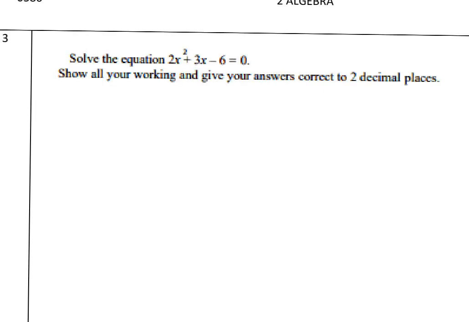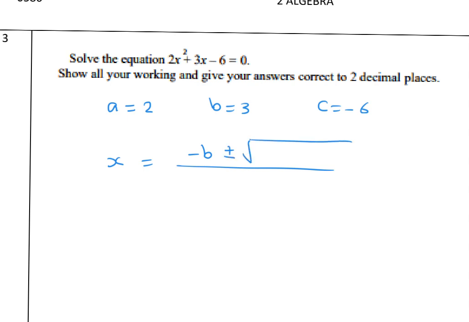Number 3. The equation is in standard form, and I need the answer to 2 decimal places, so we use the formula. A is what? A equals 2. B equals 3. C is negative 6. Write the formula: negative b plus or minus the square root of b squared minus 4ac over 2a.